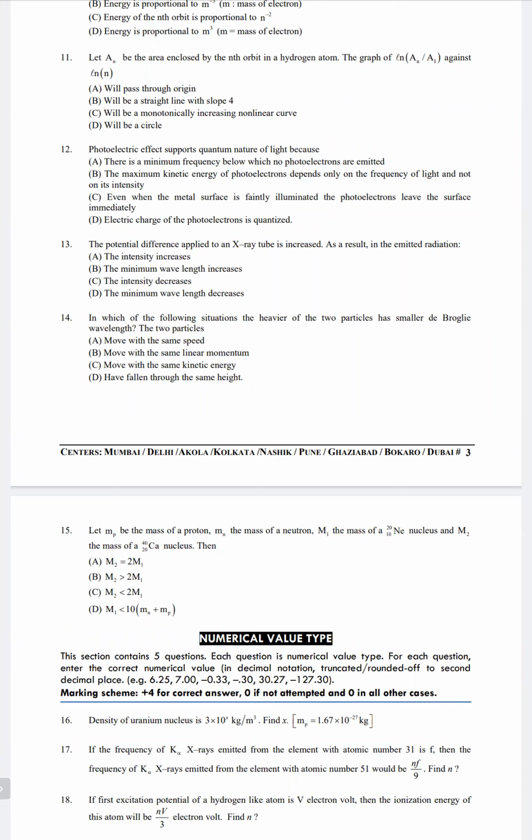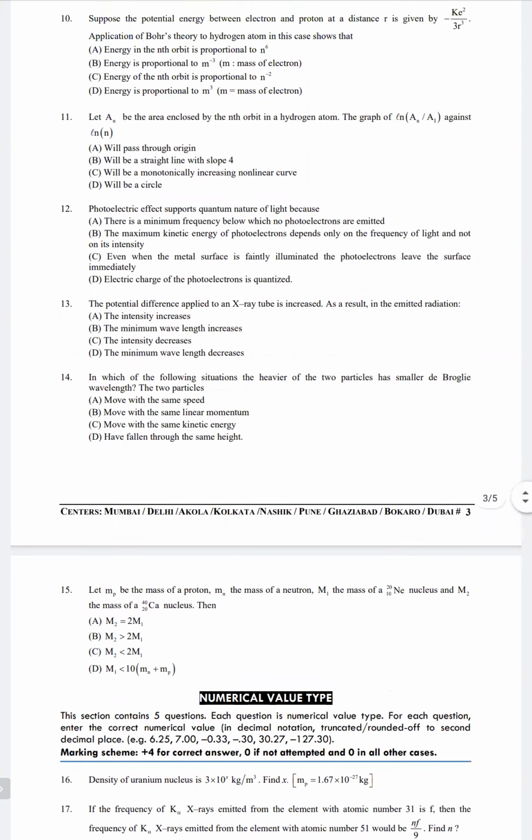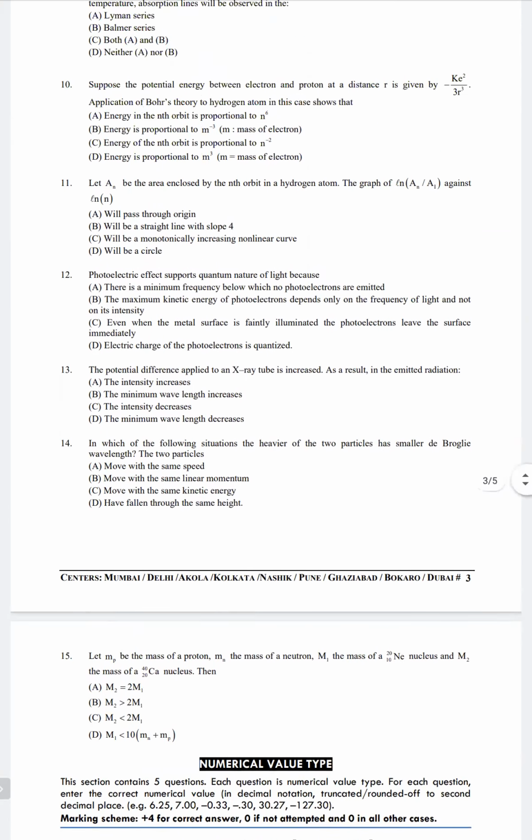That was interesting. Density of uranium nucleus. हर nucleus का same रहता है.